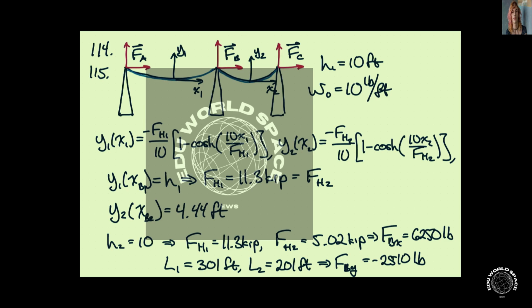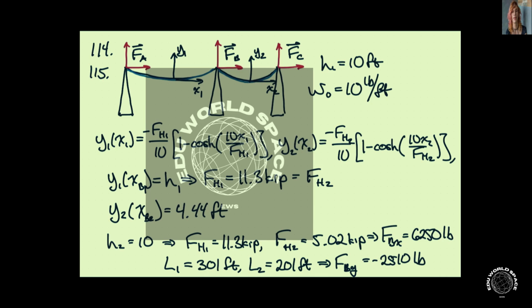So what we can do is simply put this value. We want this value to be the same as this, so we put it into here, and that will allow us, if we plug in this distance here, which is 100 feet, we find that the sag is 4.44 feet.